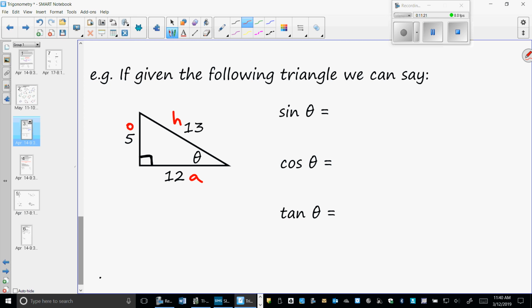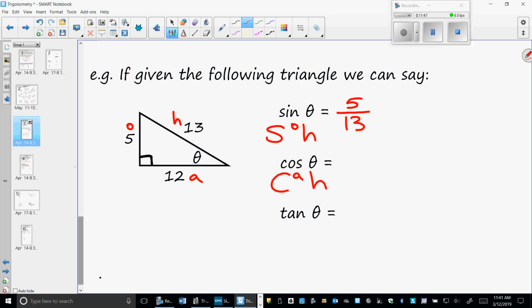If I want to know the sine of the angle, I know that that's opposite over hypotenuse. So what's my opposite length here? 5. And what's my hypotenuse? 13. So my sine of my angle would be equal to 5 over 13. The cos of the angle, so cos is CAH.